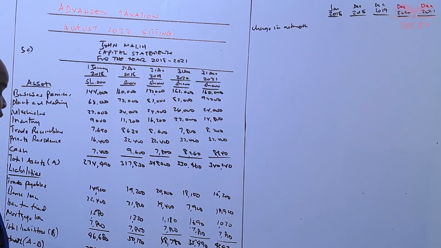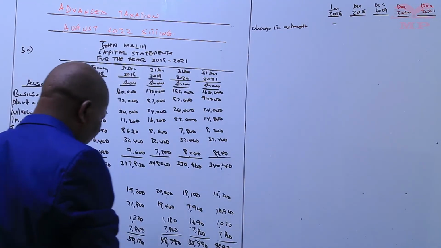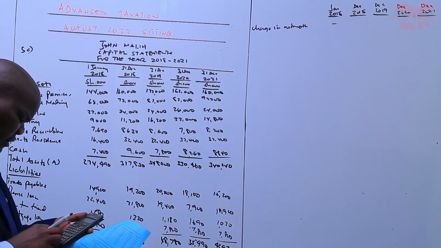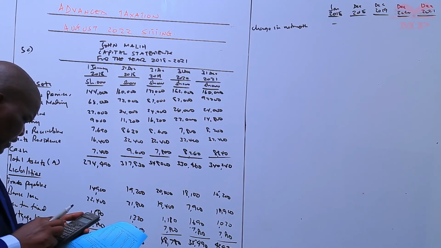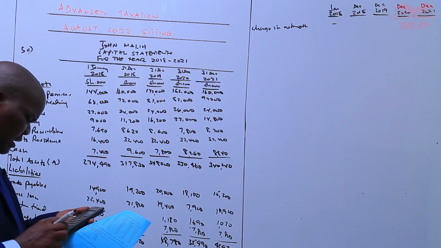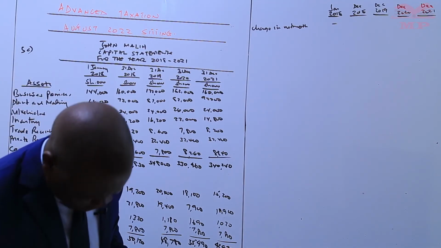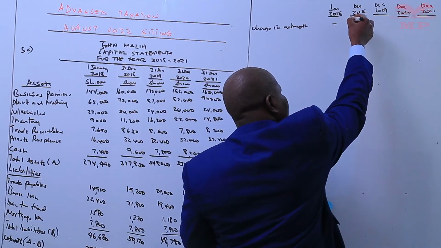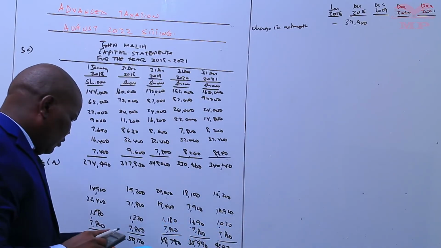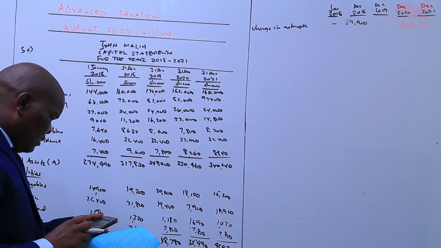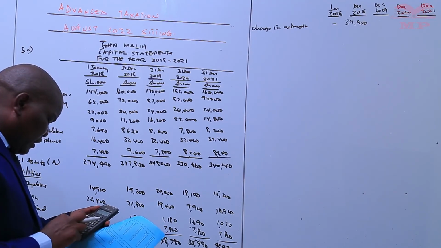So we start with 2018. For 2018 we shall have 267,710 less 227,810. I'm getting a difference of 39,900. 2019 will be 299,220 less 267,710.